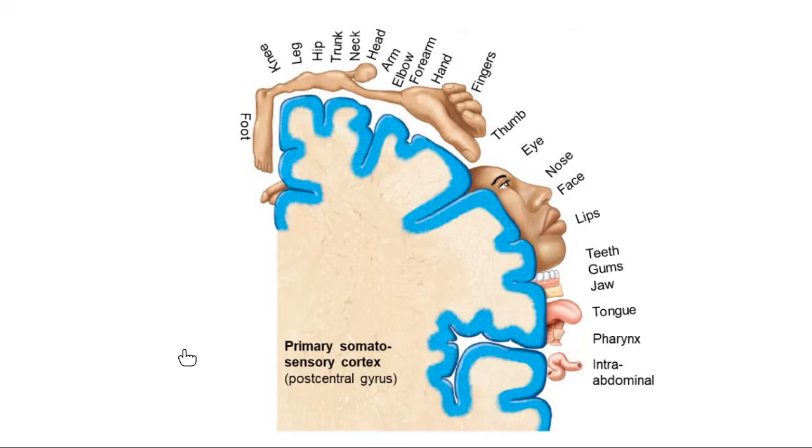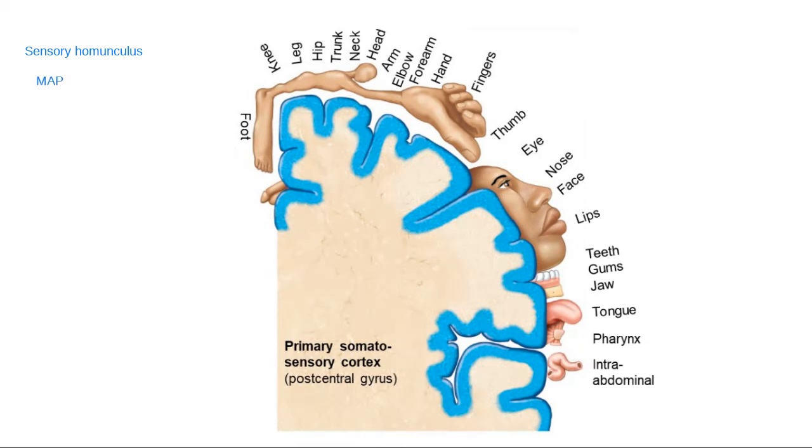What we are looking at in this picture here is called the sensory homunculus. The sensory homunculus, like it says in the guided lesson, I want you to think about it as a map.